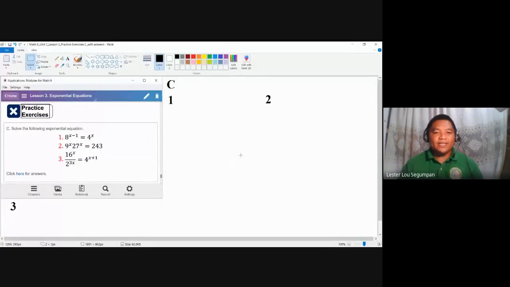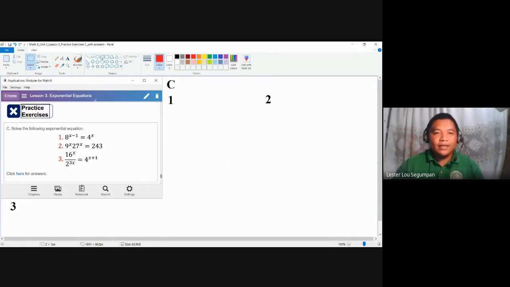The difference of practice exercise C from practice exercises A and B is that for practice exercise C we have multiple presence of variables. We are using the same variable x, but there are more than one x here, right? So in this case, we are going to apply very important laws of exponents and other important processes for us to simplify them. So let's start with number 1.